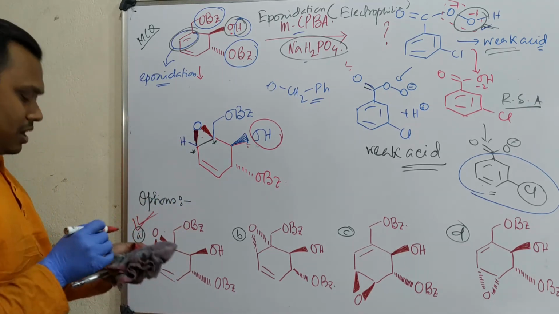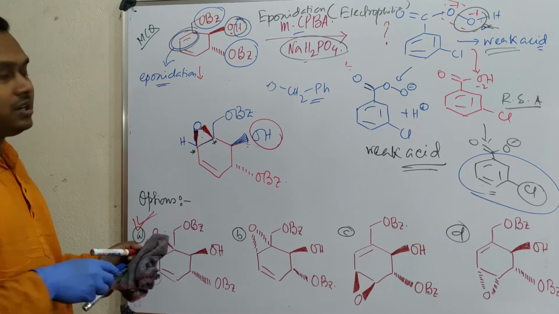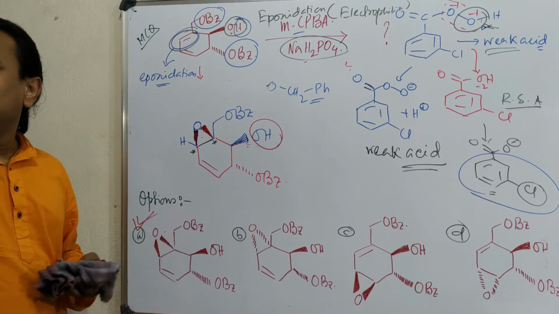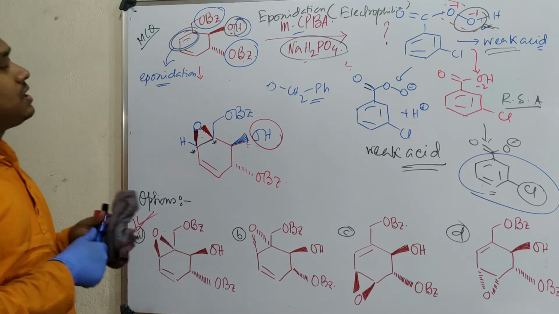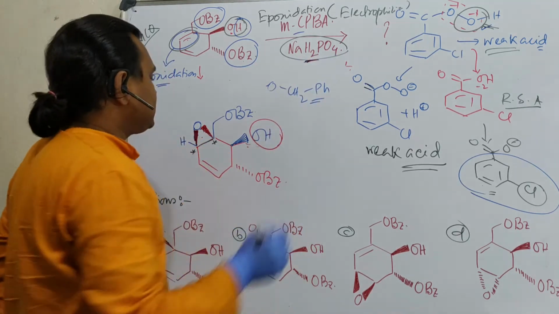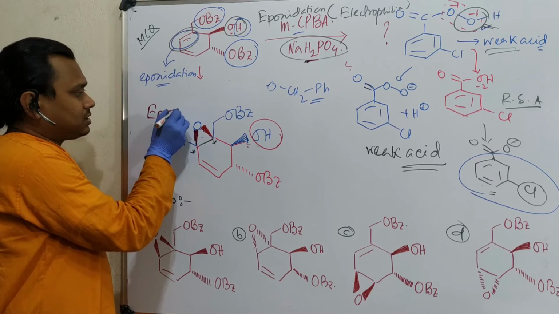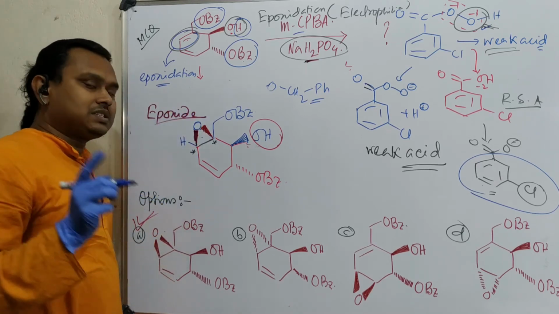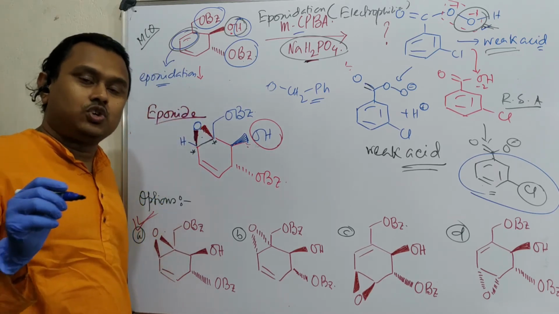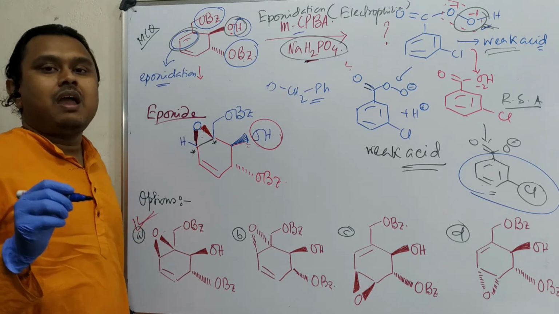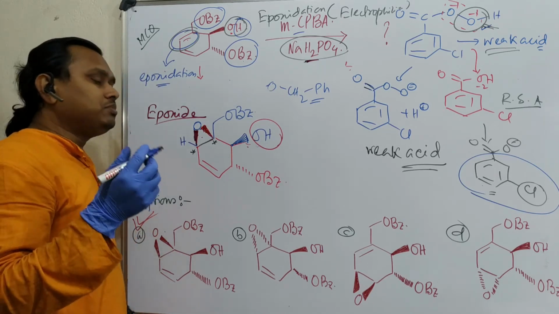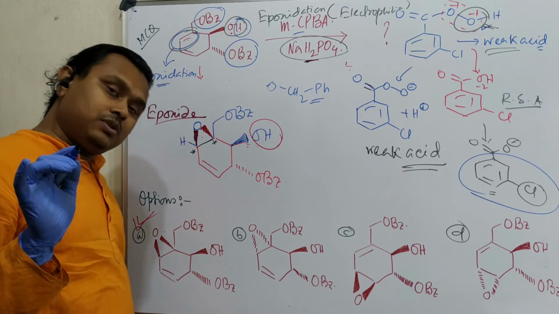So this we understand. Now, as I told, I shall tell what is the role of this hydrogen phosphate. Just look at the product. So product is actually epoxide. I have discussed in a dedicated lecture about epoxide opening under acidic, basic and Lewis acidic condition or neutral condition. Please visit, you will learn more.